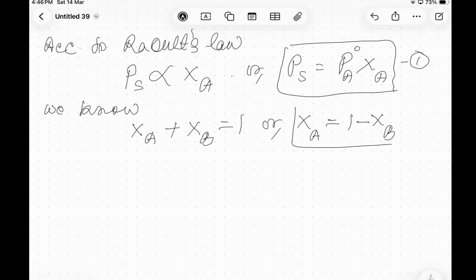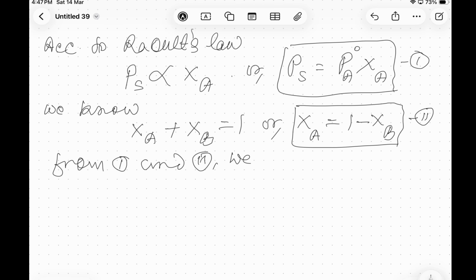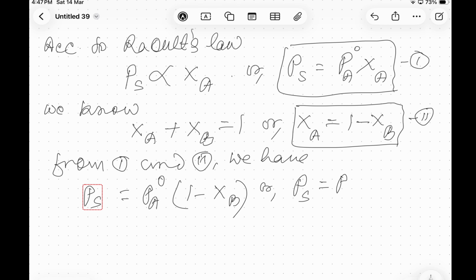Then from equation 1 and 2 we have PS is equal to PA naught into 1 minus XB, or PS is equal to PA naught minus PA naught into XB.